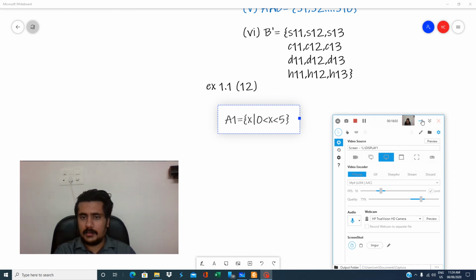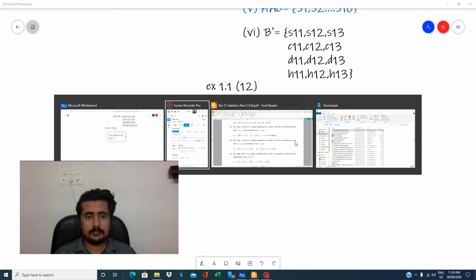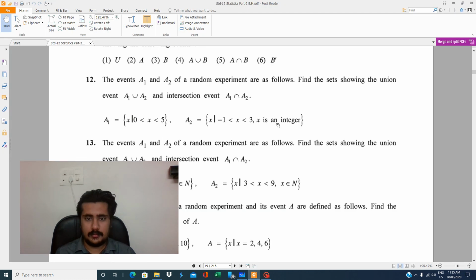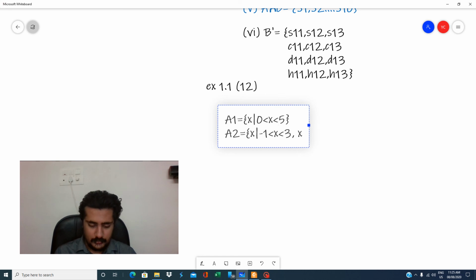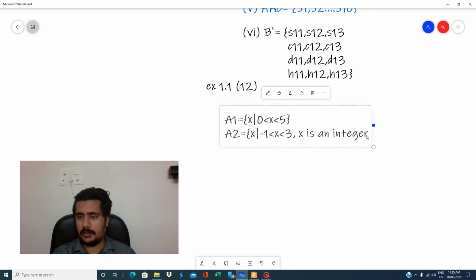Then A2 is x belongs to, minus 1 less than x less than 3, x is an integer. You need to find both union and intersection.